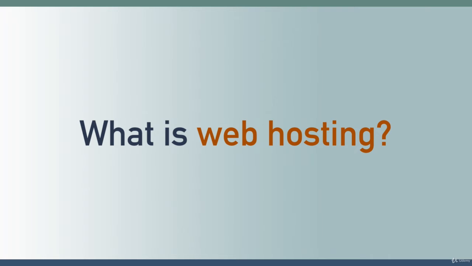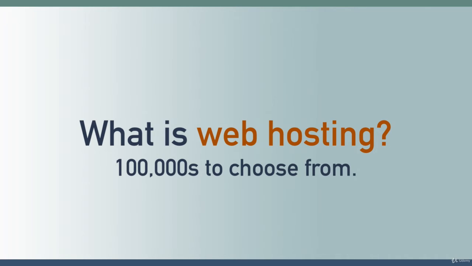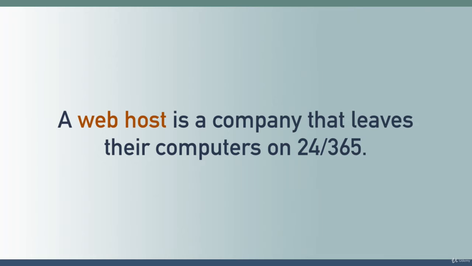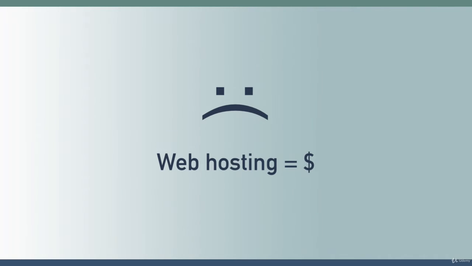With WordPress.org, your website will live on whatever web host company you choose, and there are hundreds of thousands of web host companies to choose from. A web host is just a company that leaves their computers or servers on 24 hours a day, 365 days a year. And your website lives on their servers, so that way your website is accessible to the world around the clock.